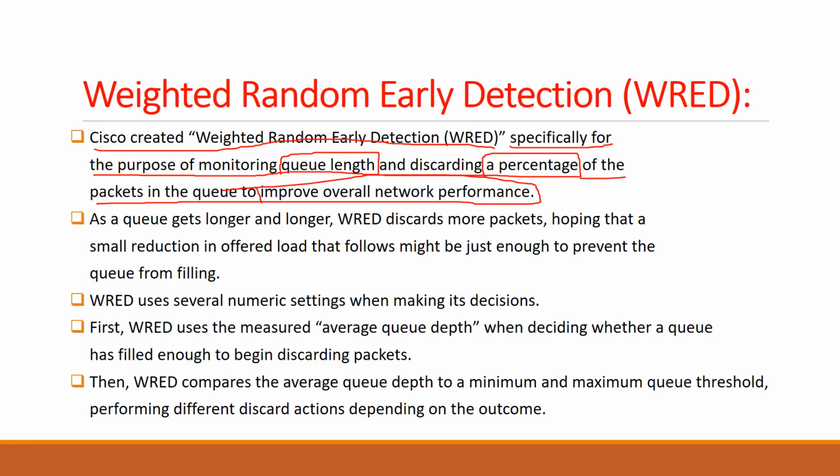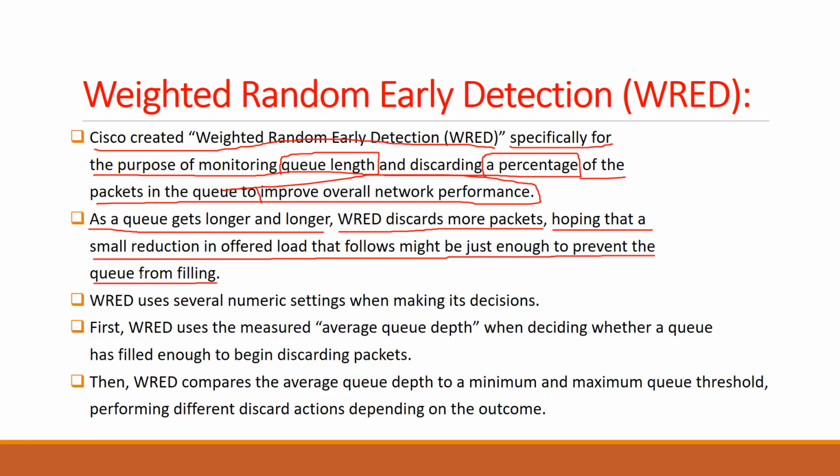So the purpose of using weighted random early detection is to improve the overall network performance. And if we do not use this tool in congestion, the network will slow down. As a queue gets longer and longer, WRED discards more packets, hoping that the small reduction in offered load that follows might be just enough to prevent the queue from filling.